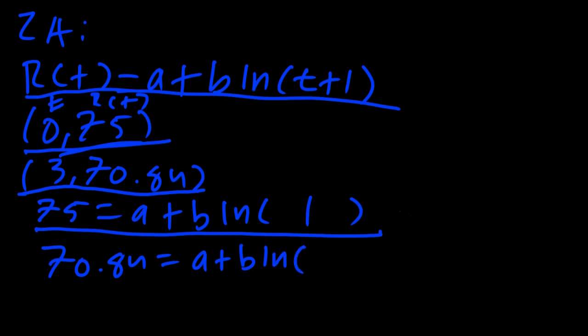And then we can plug in 3 for t. So we have 3 plus 1, which is equal to just 4. So there's our second equation.